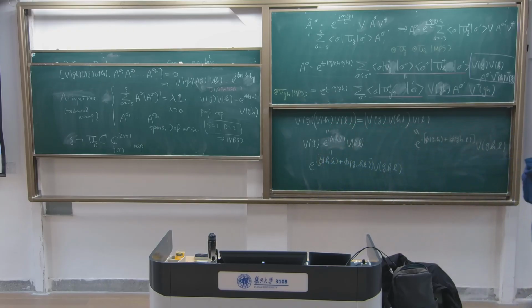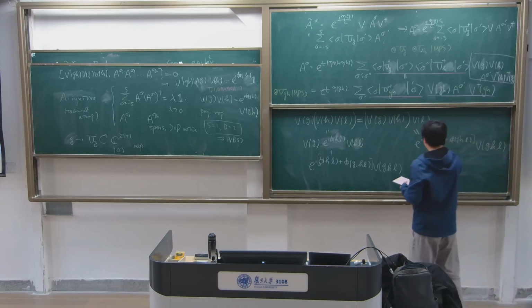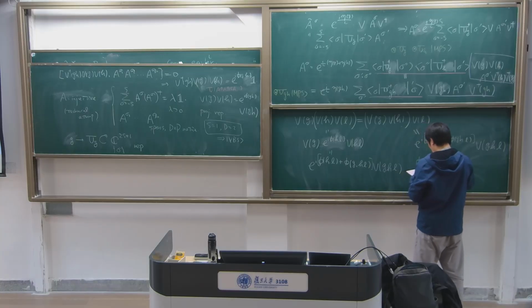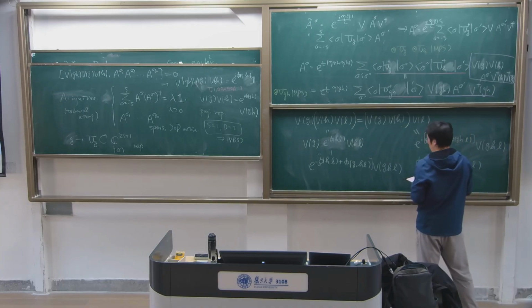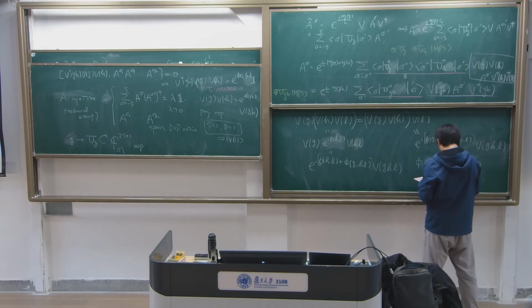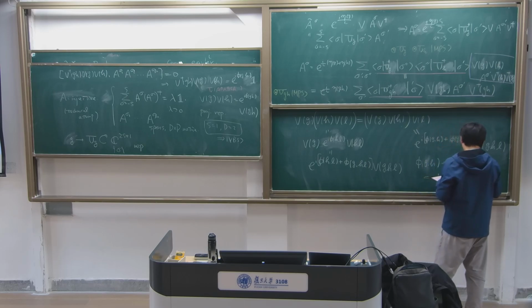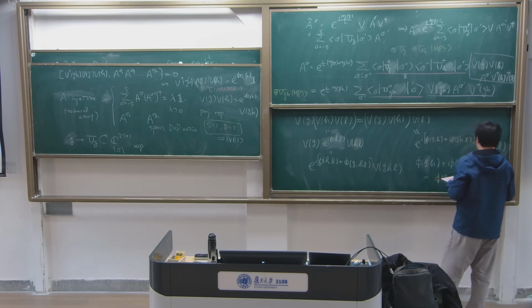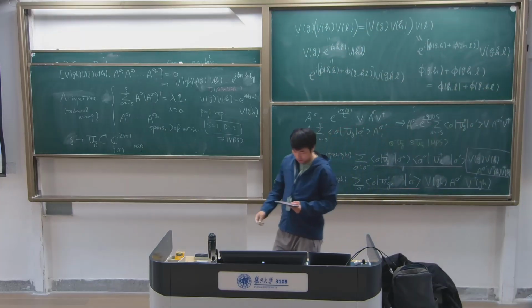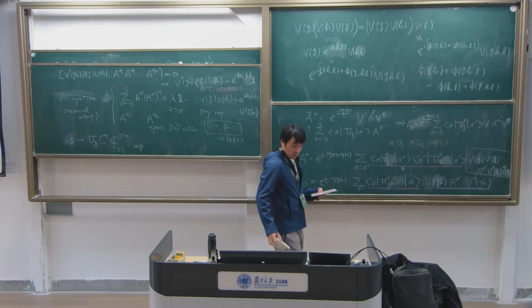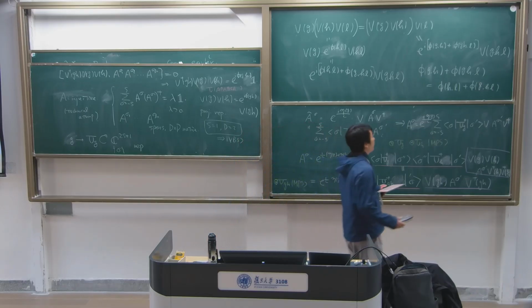So this means that phi_GH plus phi_GHL is equal to, like this, multiply.